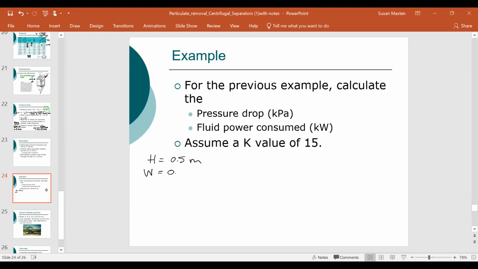The width is 0.25 meters. The body diameter is equal to 1 meter. The flow rate is 150 cubic meters per minute. And the gas exit pipe diameter is 0.5 meters. If you remember, we obtained that information from the table that was provided for conventional centrifugal separators.